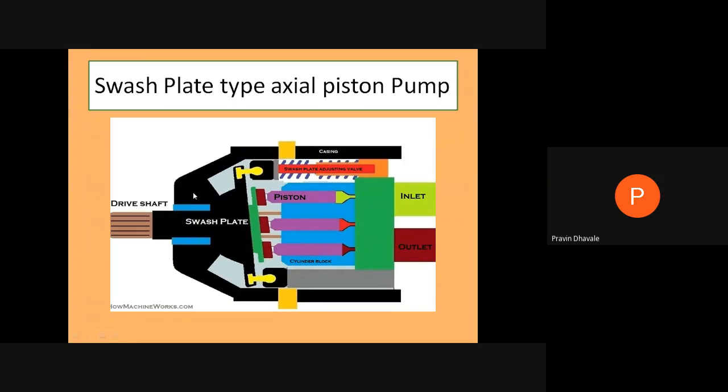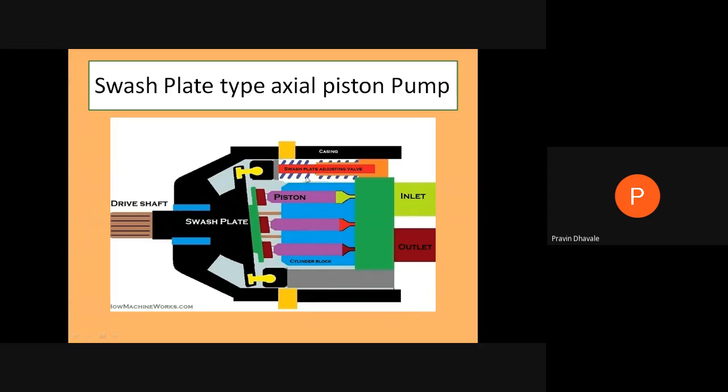On this drive shaft, the swash plate will be mounted, right? And to this swash plate there will be a linkage connecting the piston, which will be reciprocating within this cylinder, right?